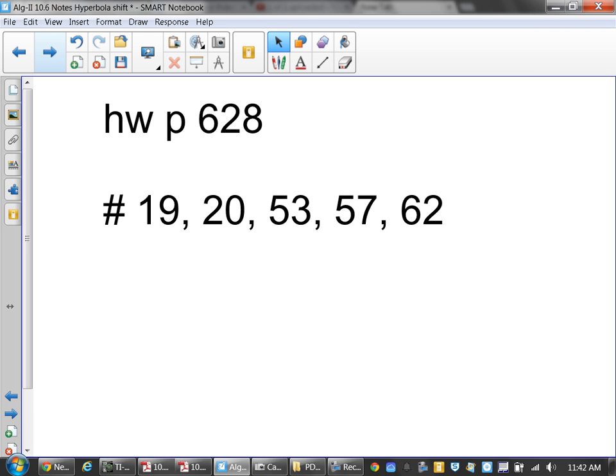Yes, sir? Are we ever going to do proofs? Oh, wait, I'm sorry. Yes, you will. But the proofs that we do in here are completely different than what you do. More like your classes, or like those 2-column proofs? The 2-column proof kind of goes away eventually. It depends on what you want to take into college. There is some theoretical stuff where you do have to do some proof-based work.